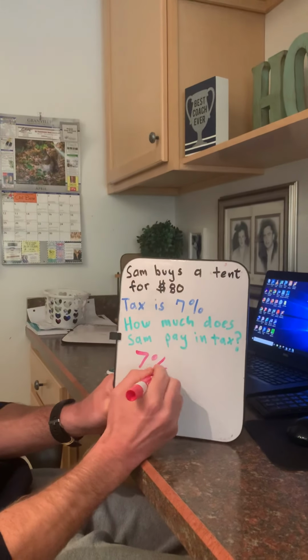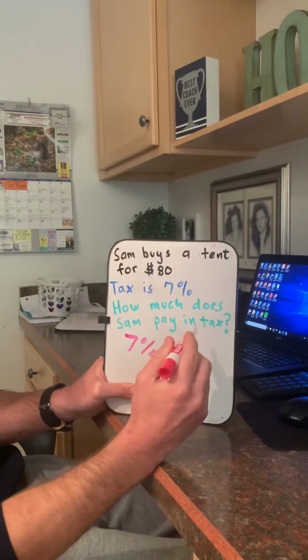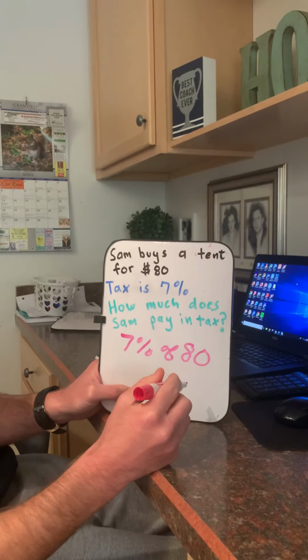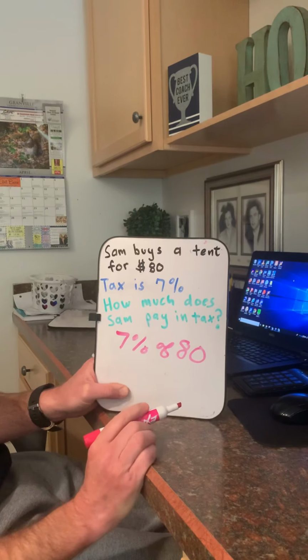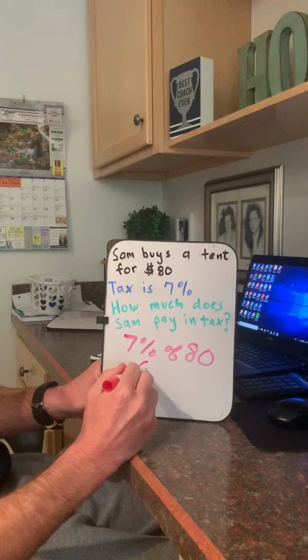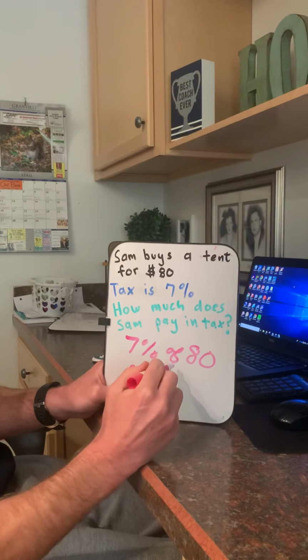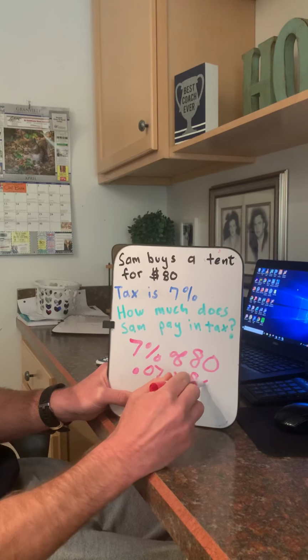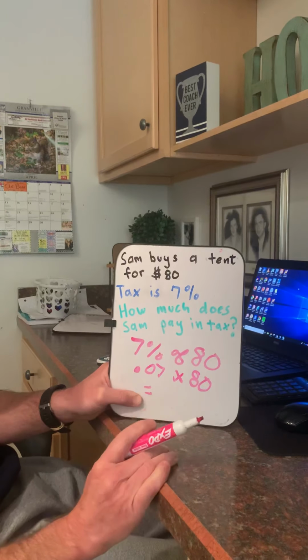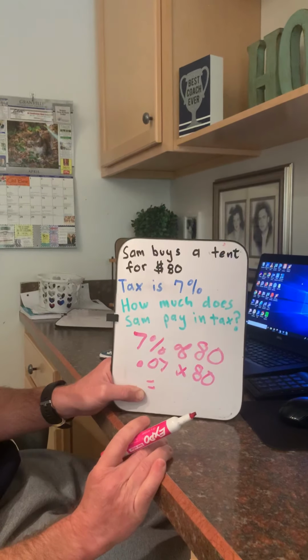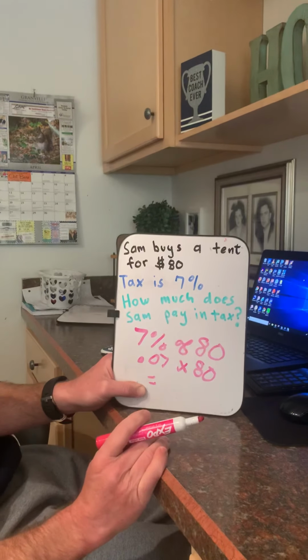So that's going to look like this: 7% of 80. We want to know what is 7% of 80. Well, 7% as a decimal is 0.07, of means times, and 80 is 80. So all I want to do is 0.07, which is 7%, times 80.